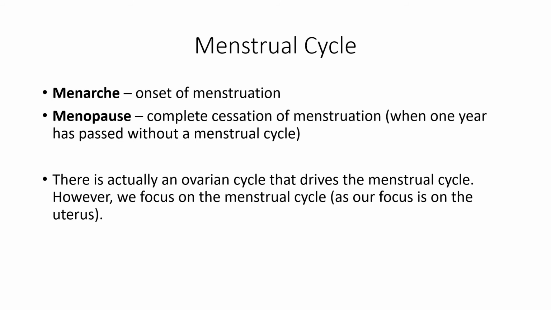So I want to mention something that I don't have clearly outlined on your worksheet, but there is an ovarian cycle that drives the menstrual cycle. So the ovaries ultimately drive what the uterus is doing. Even after a woman goes through menopause, let's say she's 65 years old, you've probably heard those stories where a woman has a baby at age 65 or even age 70.